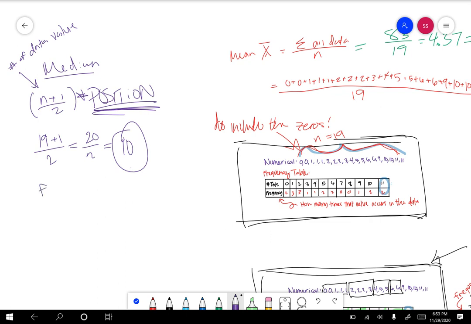So what we need to do now is find the value of the 10th data point. And yes, this needs to be in numerical order.